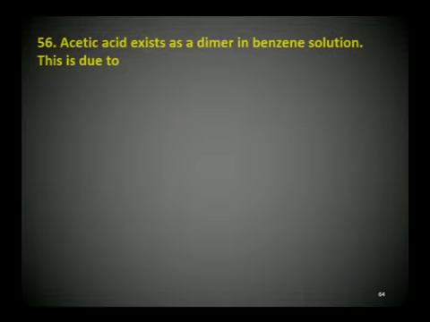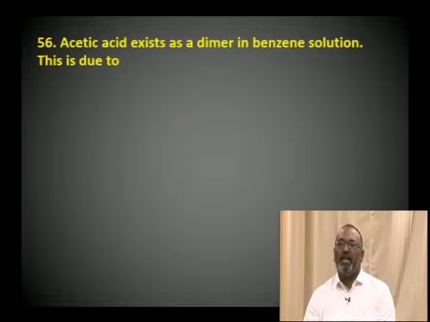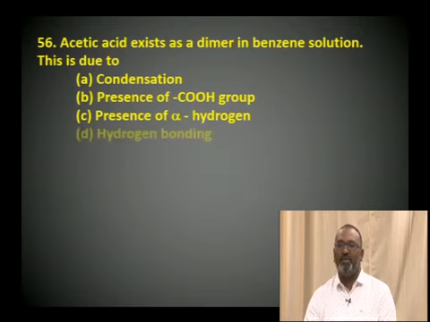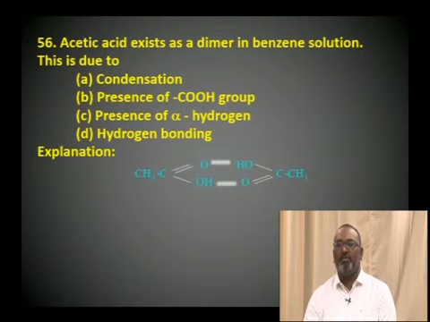Question number 56. Acetic acid exists as a dimer in benzene solution. This is due to condensation, presence of COOH group, presence of alpha hydrogen, or hydrogen bonding. Here I am giving you the structure of two carboxylic acid molecules in benzene solution.